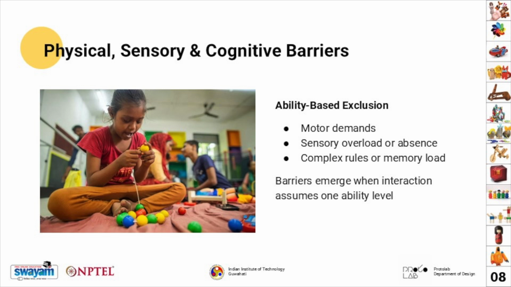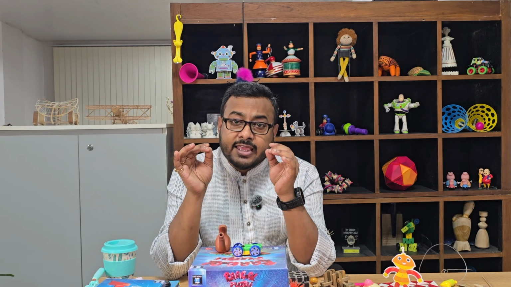If rules must be understood quickly, slower processors are excluded. Notice that in all these cases, the toy is not intentionally excluding. It is simply designed around an assumed user. And that assumption becomes the barrier. Inclusive design, therefore, widens the range of successful interaction rather than creating separate alternatives.